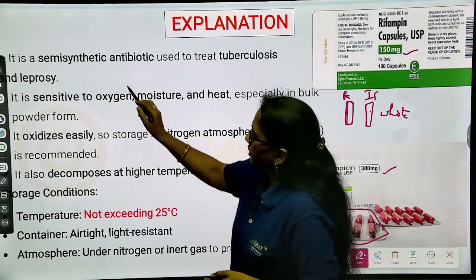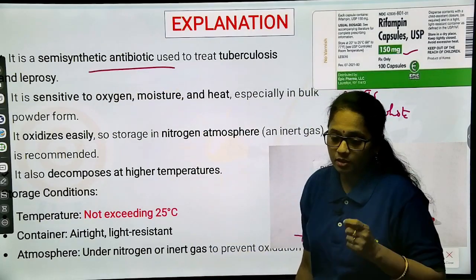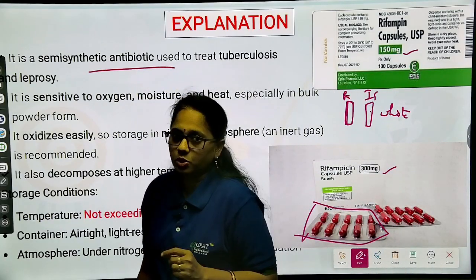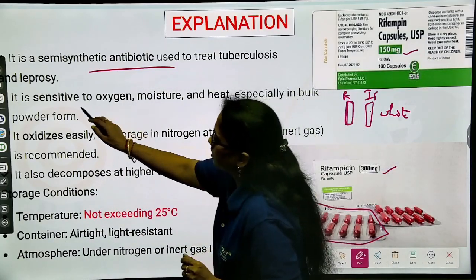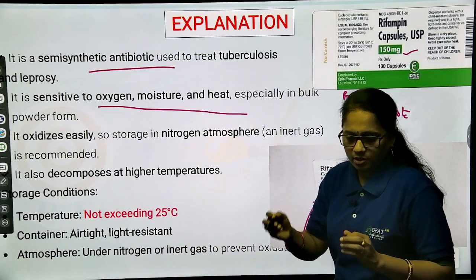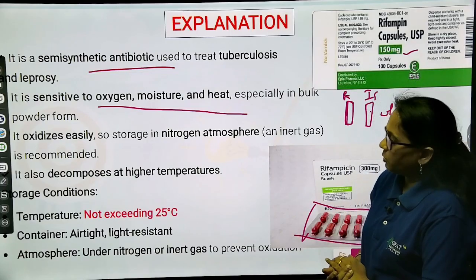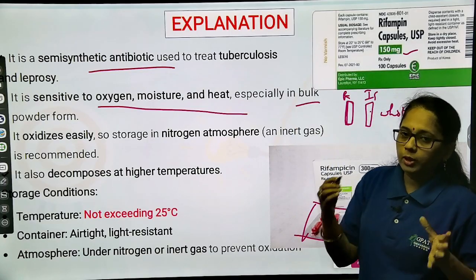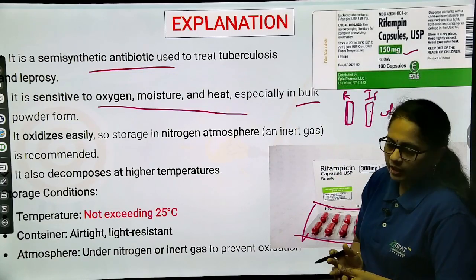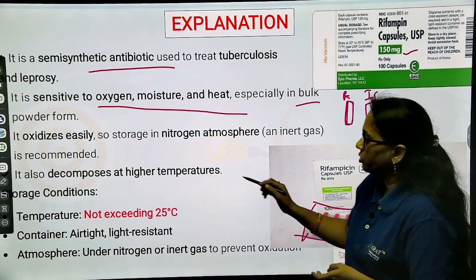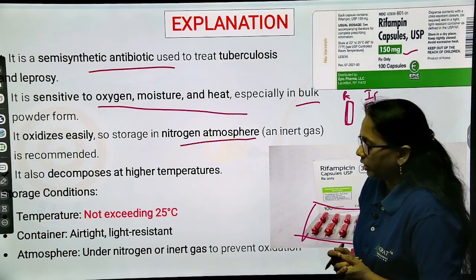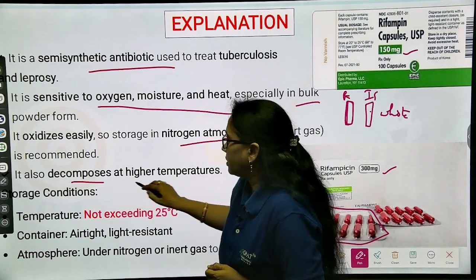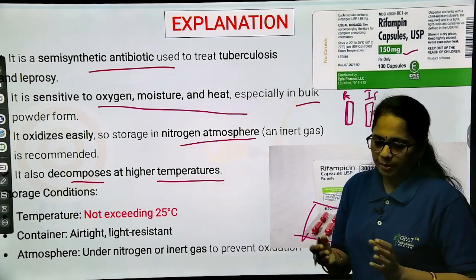Generally, rifampicin is a semi-synthetic antibiotic used majorly in tuberculosis as well as in leprosy, and it is sensitive to oxygen, moisture and heat, especially in bulk powder form. It oxidizes very easily, so we use a nitrogen atmosphere as an inert gas. Rifampicin decomposes at higher temperatures.